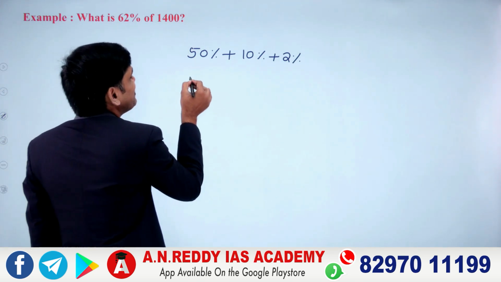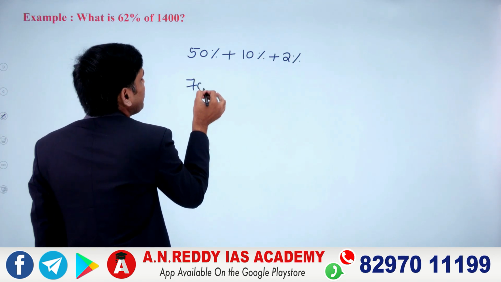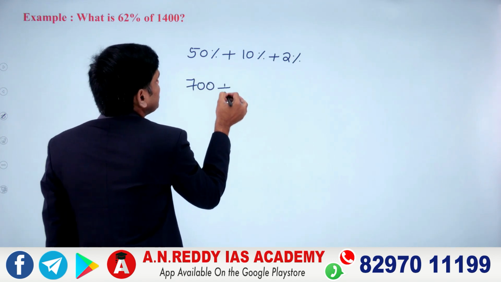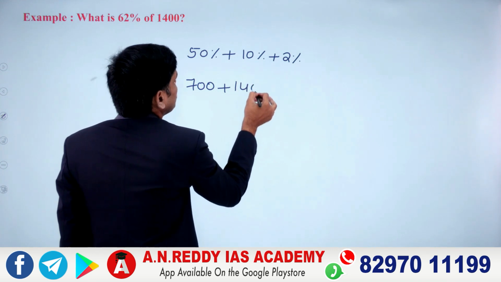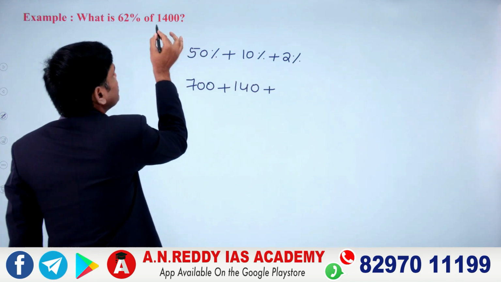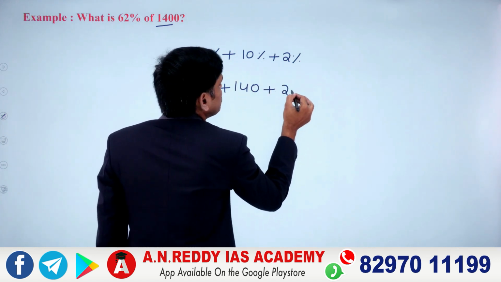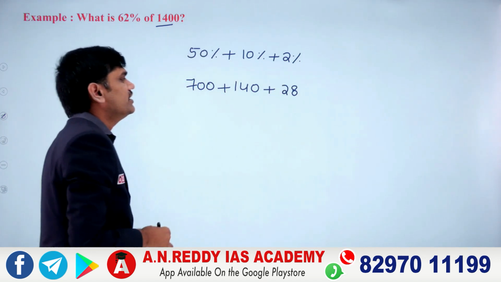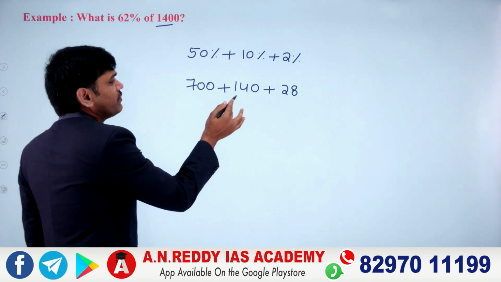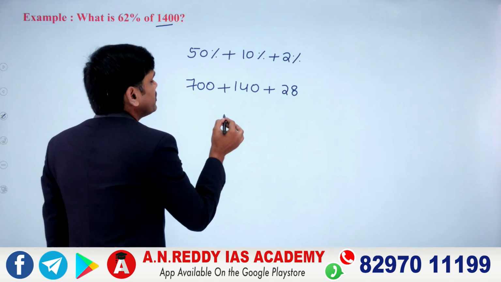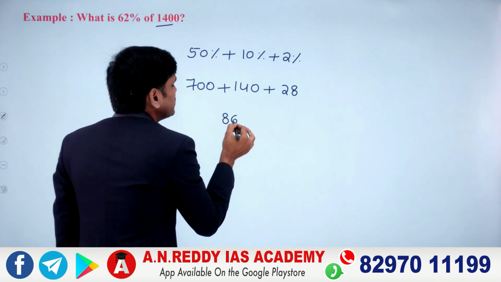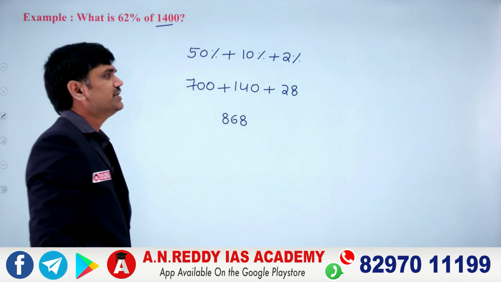So 50% of the number is nothing but 700. 10% of that number is nothing but 140. 1% is 14, 2% is 28. 700 plus 140, 840. 840 plus 28 will give you how much? 868.